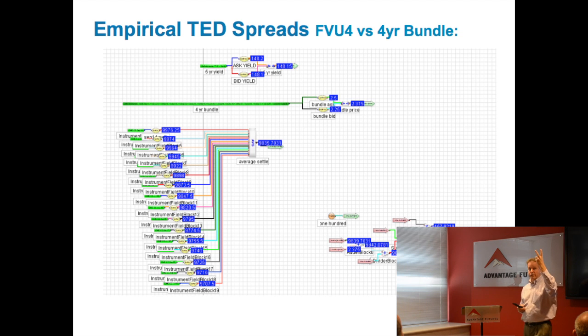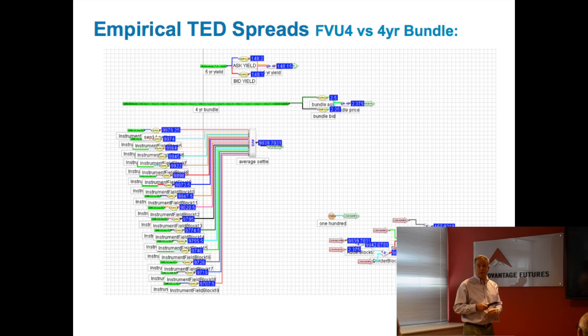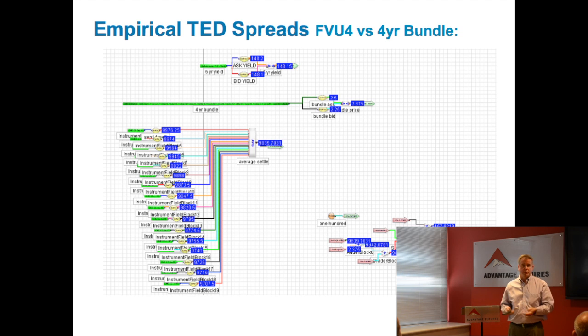Again, you're trading two pieces. 5-year futures, I'm sorry, I said cash, the 5-year futures. Trading the 5-year future against the 4-year bundle, and you're trading it in a single number. And it's doing both pieces for you. You can control your hedge ratios. You can control whether you want to trade it dirty or straight. It's in one piece.